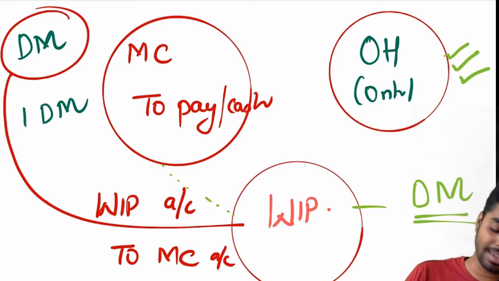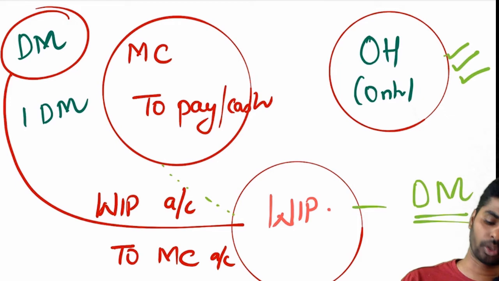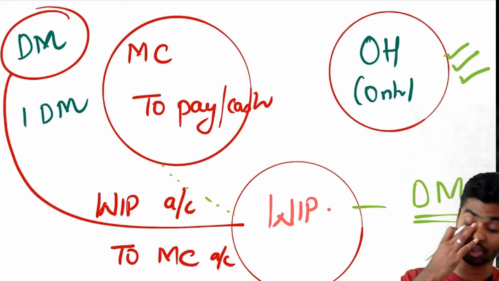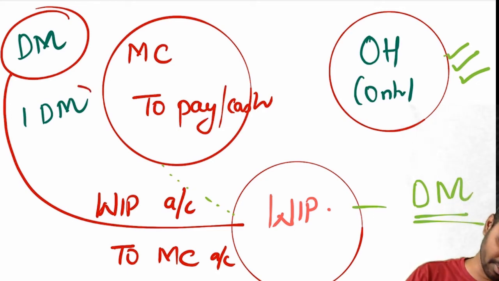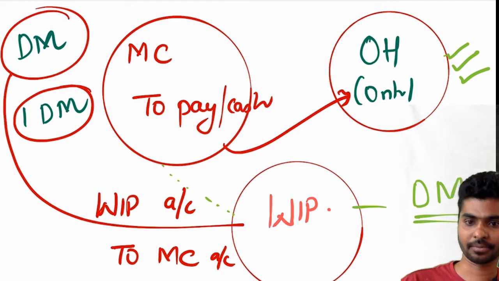When I say indirect materials, I told you what indirect material is. Overheads are the total of all my indirect material, indirect labor and indirect expenses. So I shall be transferring my indirect material to the overhead control account.